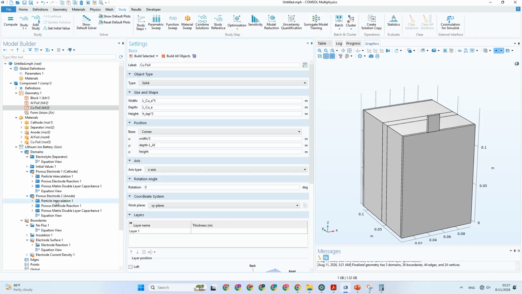Oh, excuse me, it must be AL foil, must be CU. Okay, it must be L minus LAL.